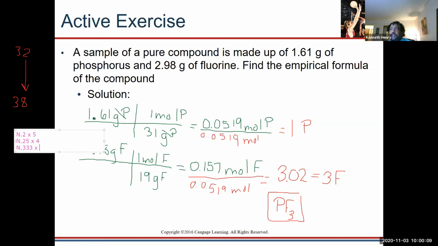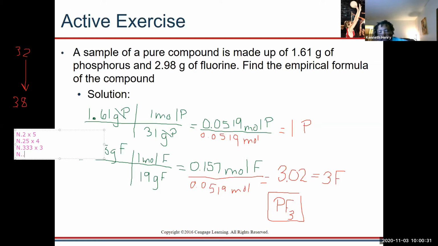What is 0.33333333? Oh, somebody said it. That's right, 3. Multiply this by 3, and then that'll give me 1, right?